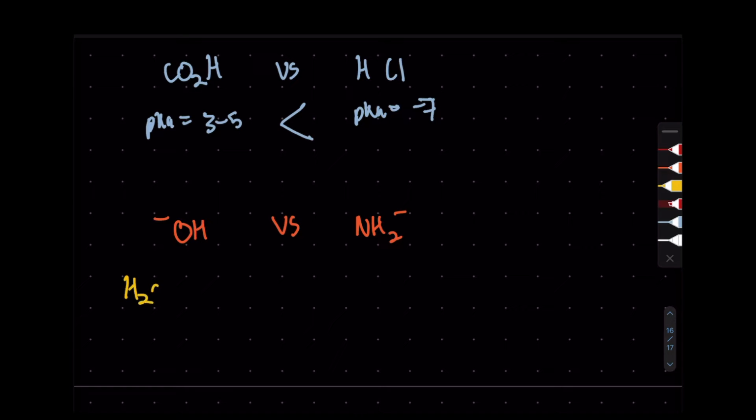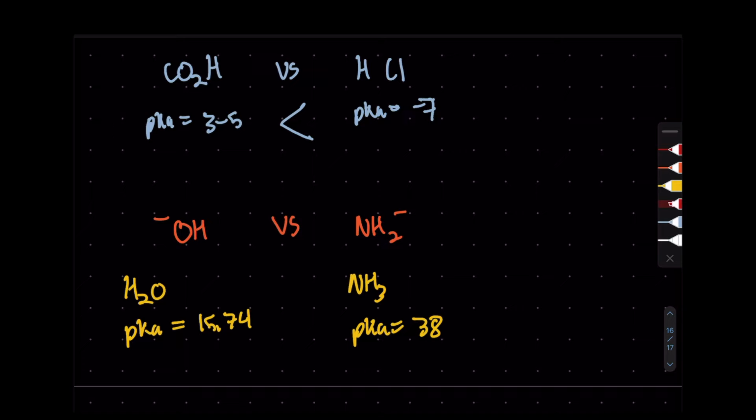The conjugate acid of OH is H2O by adding a proton, and its pKa value is 15.74. Now NH2 has NH3 as its conjugate acid by adding a proton, and its pKa value is 38.